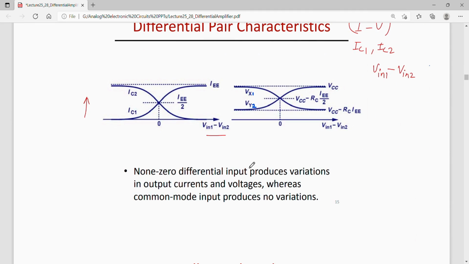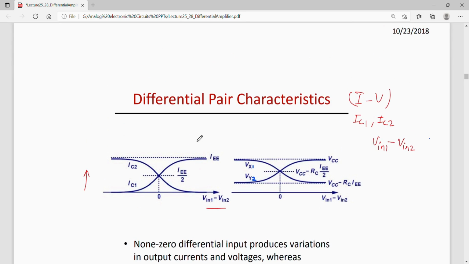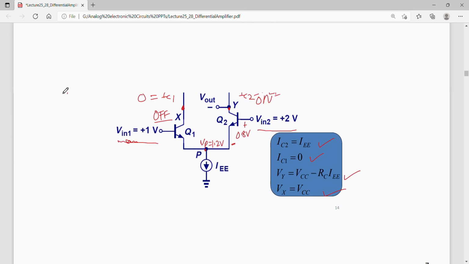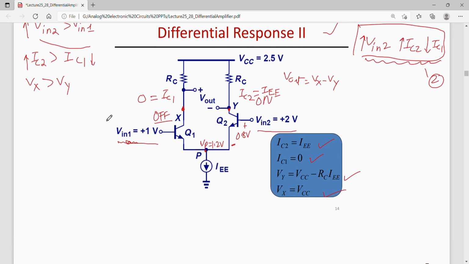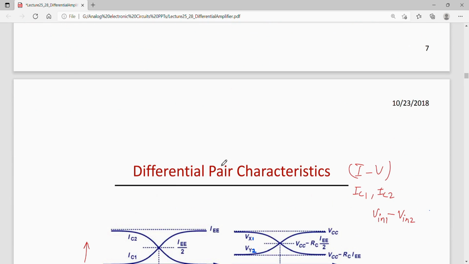So I'll write the same thing here also. Let us take from here: V in 2, IC2, IC1. When V in 2 increases, IC2 increases, as we had written, and IC1 decreases. And when V in 1 increases, IC1 increases and IC2 decreases.